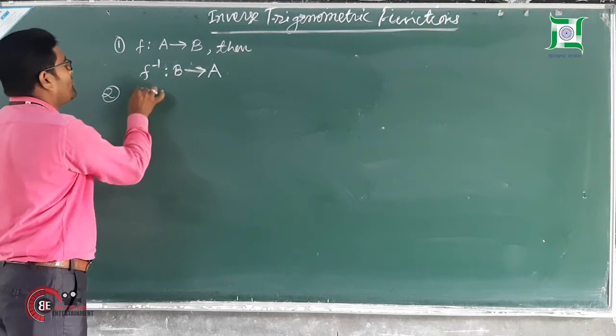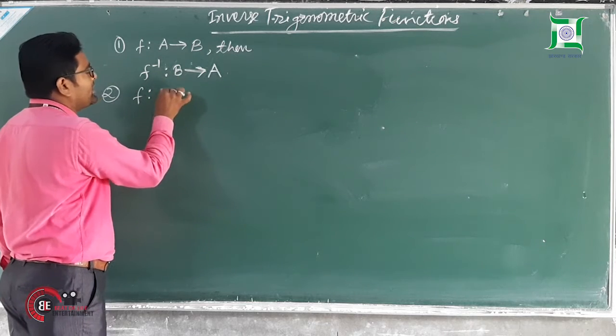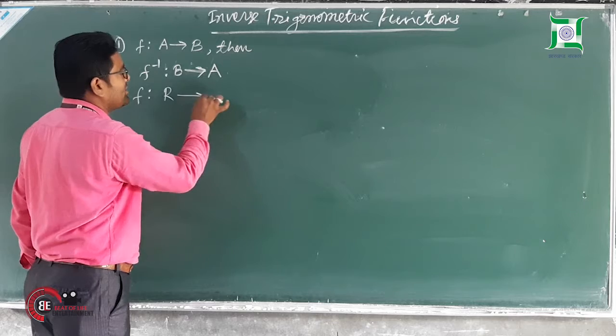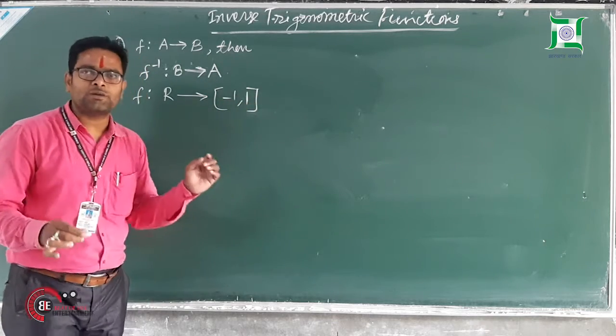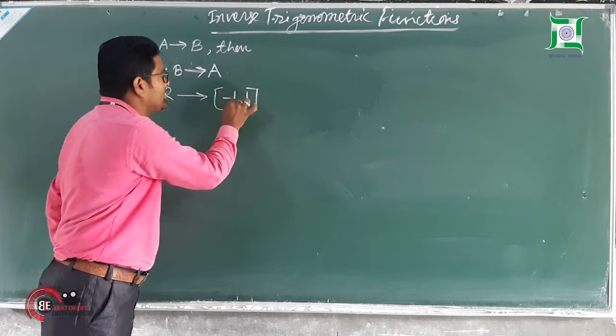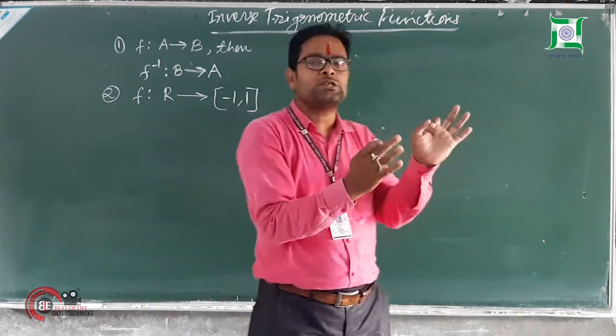Now, all of you know that if f is a function whose domain I have taken as the set of real numbers and whose range I have taken as the closed interval minus 1 to 1. All of you know the meaning of minus 1 to 1. That means the value lies between minus 1 and 1.